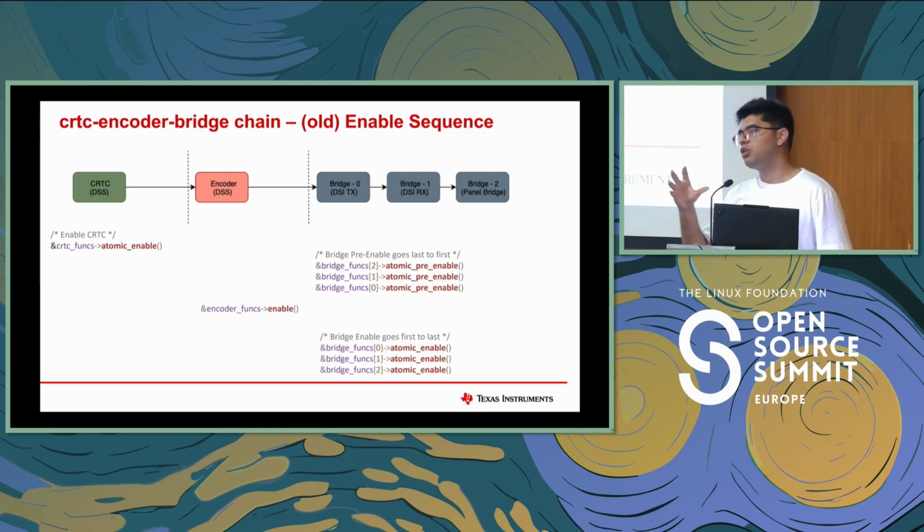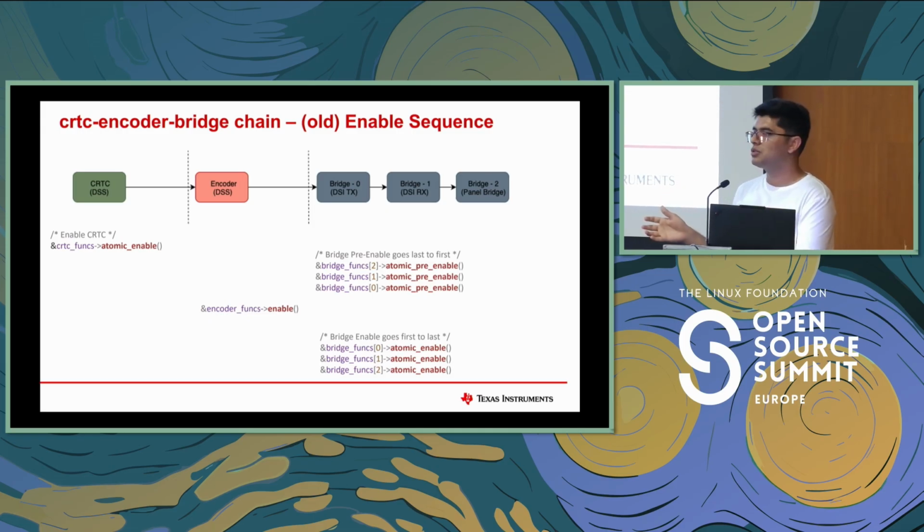So I'll just walk you through the enabling sequence. When we are trying to display a new frame on the output, this is what the enable sequence looks like. The CRTCs get enabled first using the atomic enable API. Then the bridges get pre-enabled from last to first. So bridge 2 pre-enables, bridge 1 pre-enables, bridge 0 pre-enables.